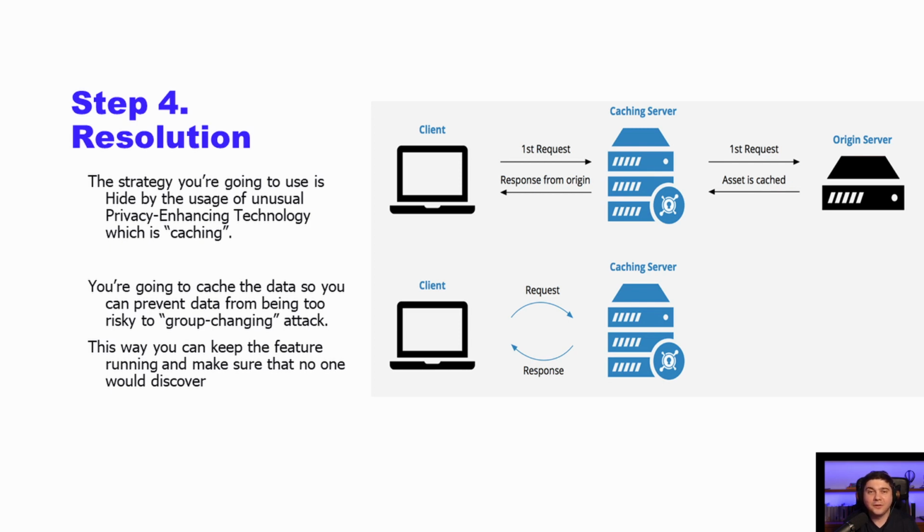Whenever a user would want to visit this website, you would cache the data, so even if a group is changed, the data would still persist in the cache. Knowing the risks to the end users, knowing how the system operates, you can accept that changing the groups within 3 months or 6 months, so keeping a longer cache, would be just enough to protect privacy and keep the functionality.